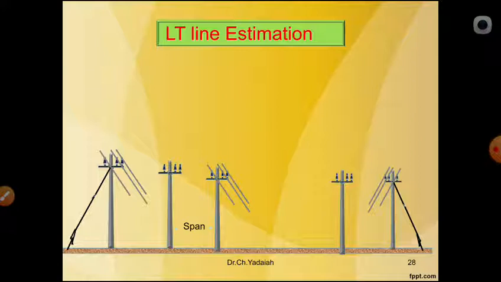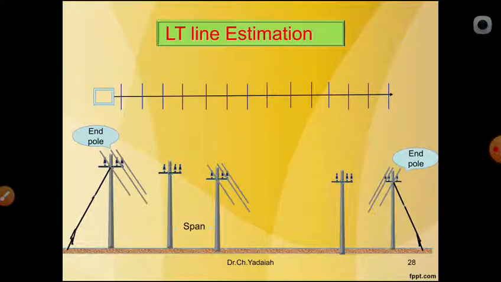That is the cut point, whether it is an H-type cut point or a single pole cut point, using shackle insulators or disc insulators. These are the things you have to remember. So this is the LT line I want to estimate here. Now, these are the end poles. You draw the line: first is the source to feeder, and the number of spans gives the number of poles required.